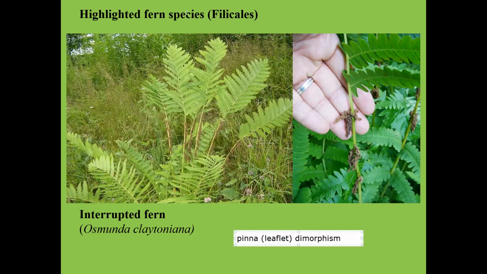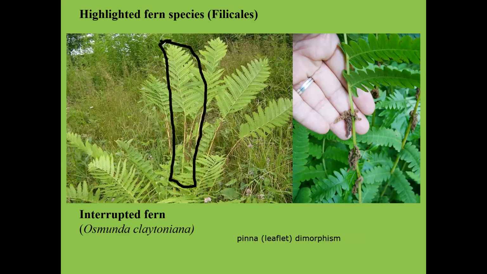I guess I can't do both things at once. All right. So here is one leaf. And on the top part of the leaf, I'll use blue. On the top part of the leaf here, and you can't really see it, but at the bottom of the leaf too, the leaflets or the pinna are just green and regular. See here, green, regular pinna that do photosynthesis, and they don't have any sporangia on them.